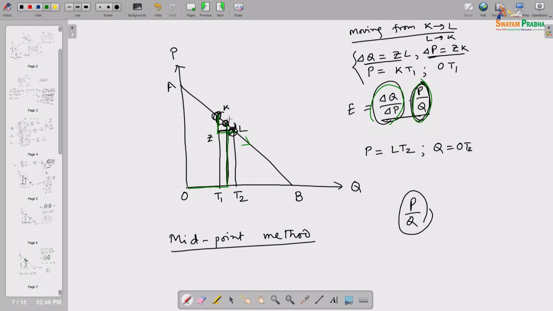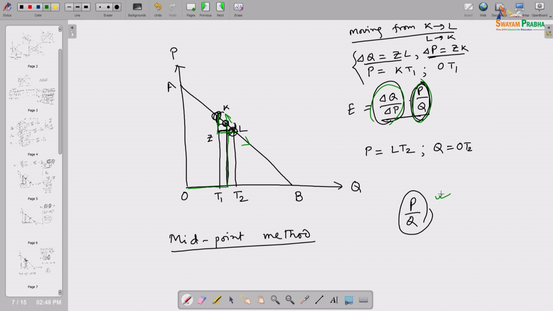So, at point K what is the elasticity value, at point L what is the elasticity value, and so on. It does not matter whether from L I am moving in this direction or that direction. For each and every point, how can we calculate the elasticity value? That is called the specific method or point method, instead of the midpoint method.